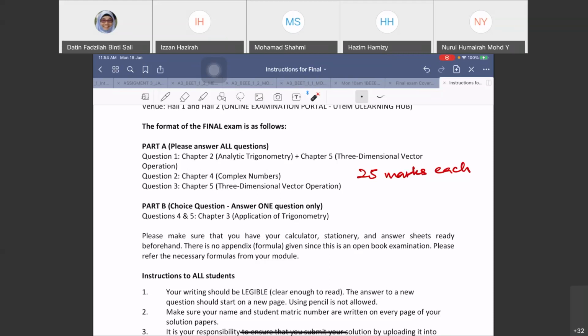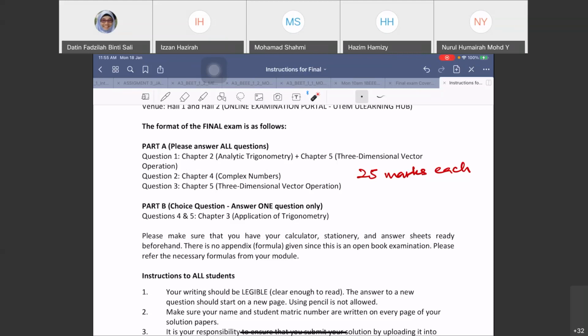If you have the time and you can do all the questions, that is good. But if you don't have time to answer all, maybe during that time we can go through quickly like last time. If there's any question that you do not understand and need clarification, then I will show you. Or else I would just assume that this question you can do, this question you can do.